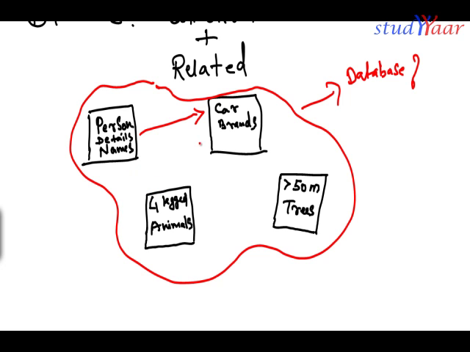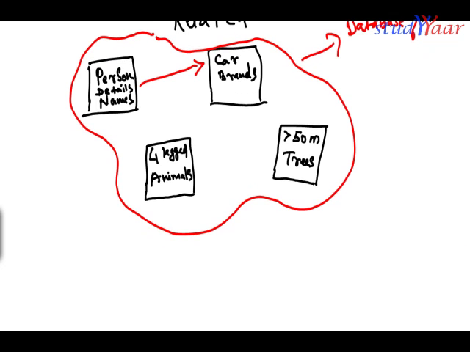We don't have much relation, right? And what about persons and trees? It really doesn't make any sense. So you would rather say that this collection is not a database. Okay?